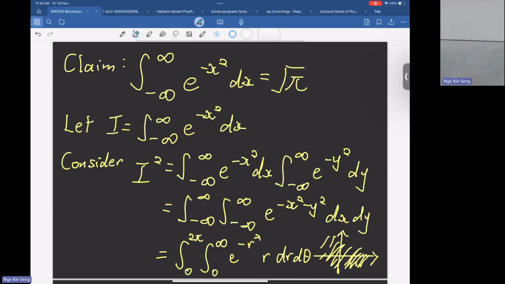Why do you use X square, also X square equals to R square? Wait, let me think. Oh, this is your concern, is it?